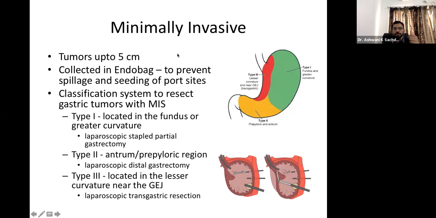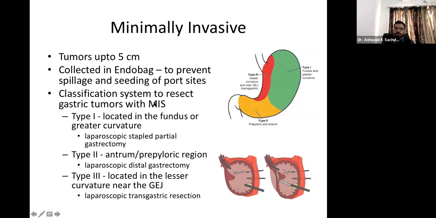So, what are the minimally invasive techniques for this? It is more commonly used in stomach GIST, and tumors up to 5 centimeter can be treated with minimally invasive surgery, and their specimens are collected in the endo bag to prevent spillage.